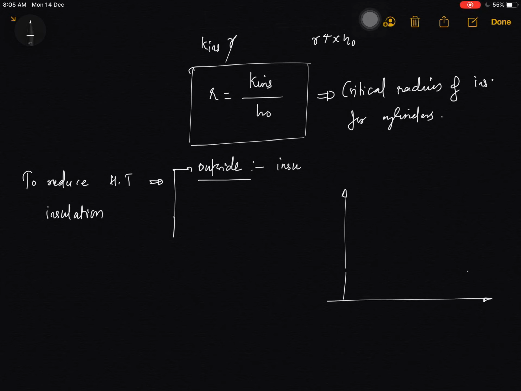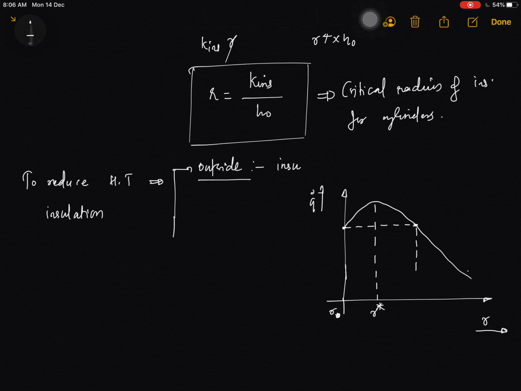If we are providing insulation outside the pipe, this is the radius R and this is the Q dot, and the heat transfer will follow this curve. This Ro is the radius of our pipe, and this is the initial heat transfer. We can see that the heat transfer will be maximum at some point, denoted as R star, which is the critical radius of insulation.